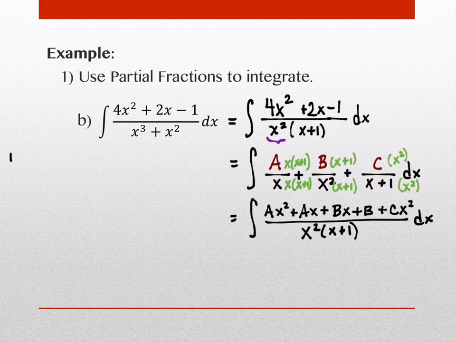One of them will be our constant terms, they're our numbers. One of them will be our x terms, that's our linear terms, and one of them will be our x squared terms. So looking at the numerator that we have over here, what are our constant pieces? Just b, it's the only one, right? So it's just b. What are our linear pieces?